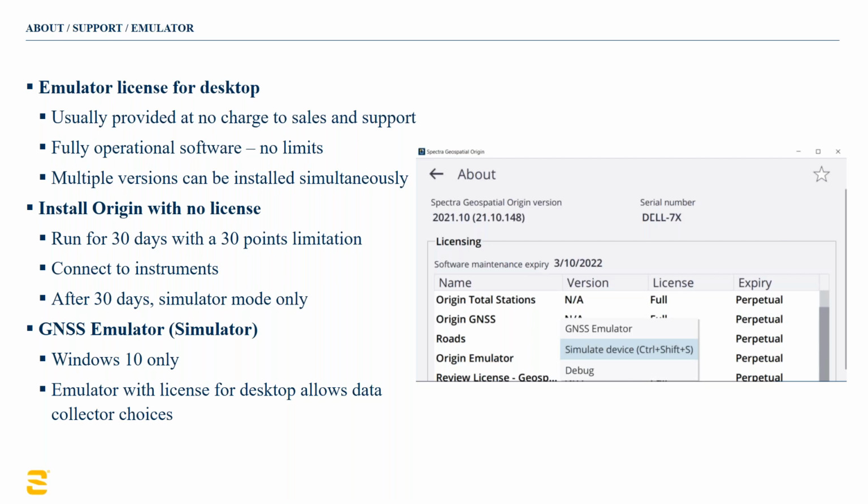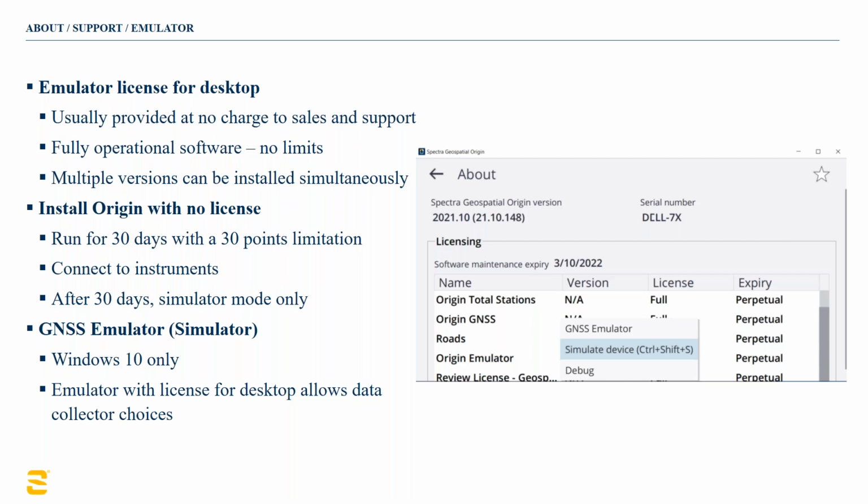You can install Origin using the Spectra Geospatial Installation Manager. You can install it with no license at all, and it will run fully operational for 30 days with a 30-point limitation. It will allow you to connect to instruments, but after 30 days, it goes into strictly a simulation mode. And then you have the GNSS emulator or simulator.